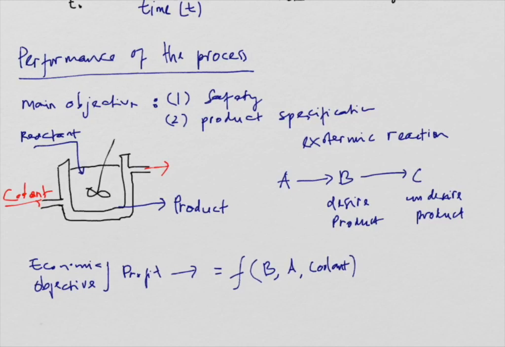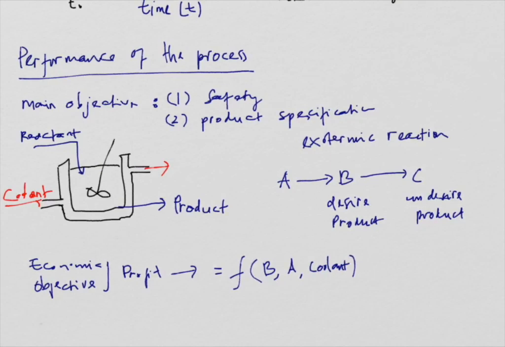This is our formula to optimize the profit: a function of product P, the desired product, the reactant, and the coolant we use for cooling the reactor. This is the economic objective that we want to optimize here.